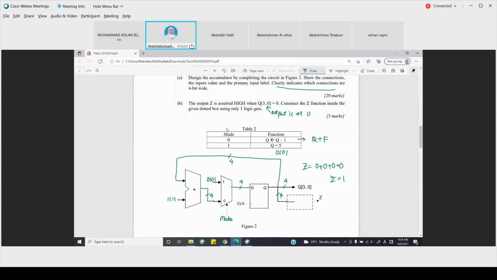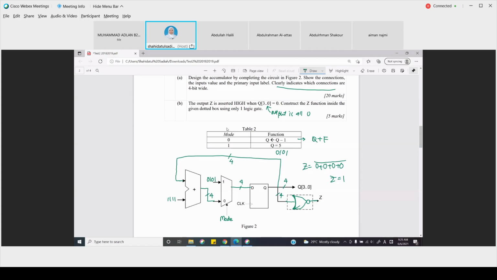So this is a very common question to see: all input is 0 or all input is 1. So if all input is 0, we use NOR. Okay, NOR. And this is only 1 bit, so we don't need to label that.